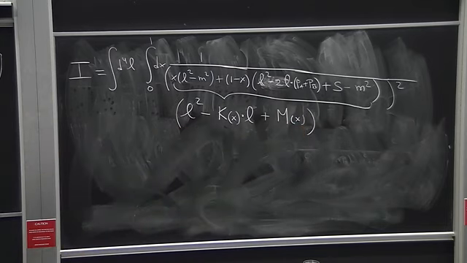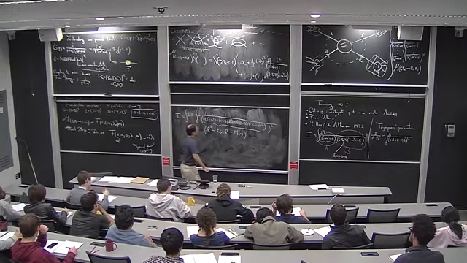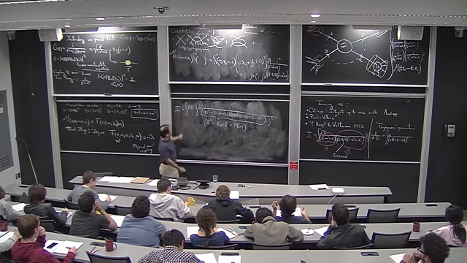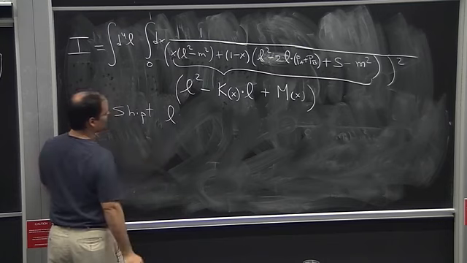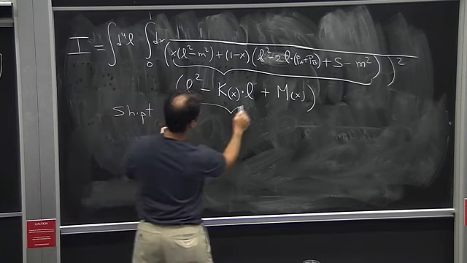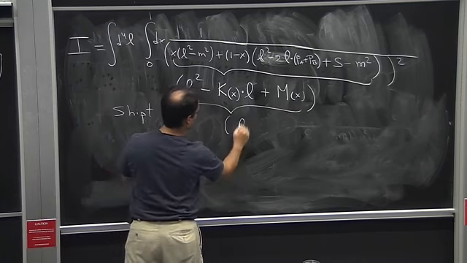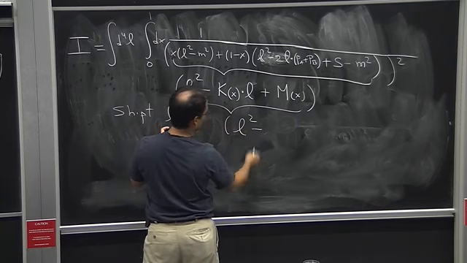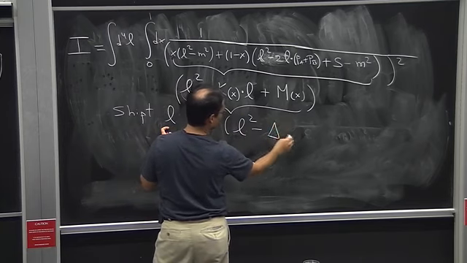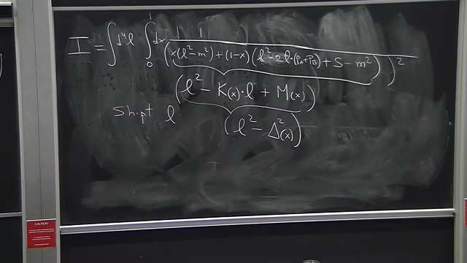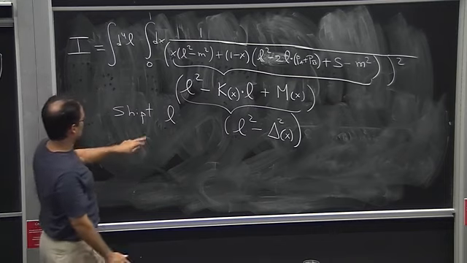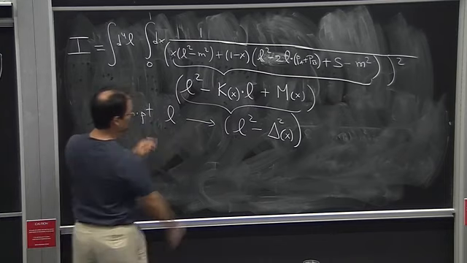So the object has this form. Now we can shift L so that this thing becomes L squared minus some quantity, which I'm going to call delta squared, that depends on x. So shift L so that this happens.